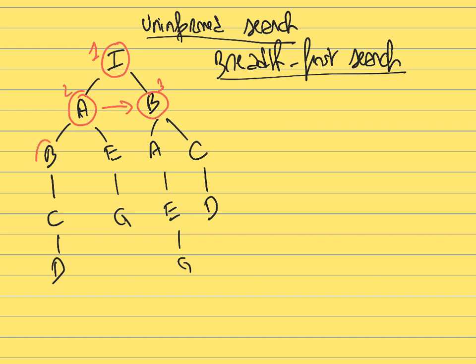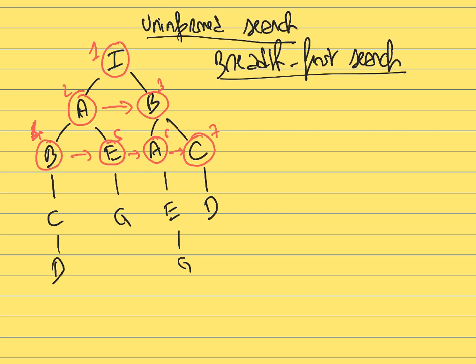So in this case, you will now explore this state. That would be the fourth iteration. Then you will explore this state, still not successful. So you will explore this state, not successful. So you will explore this state. Again, you realize that after 7 iterations, you still haven't found the goal.